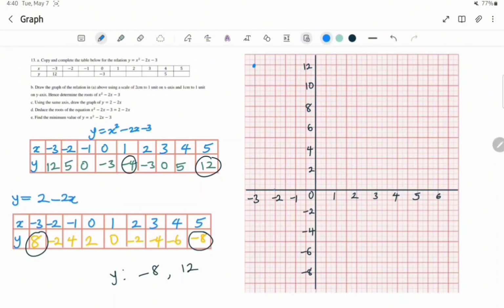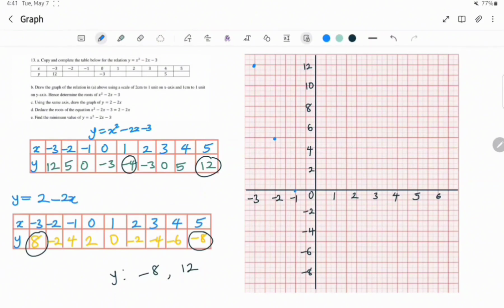Well, this is x at -2 and this is 5 right here. This place is where 5 is. So this is going to be the point of intersection, right? Then when x is -1, y is 0.